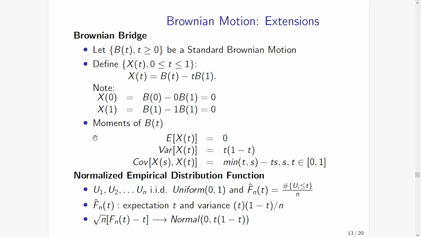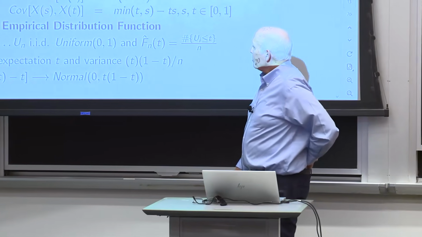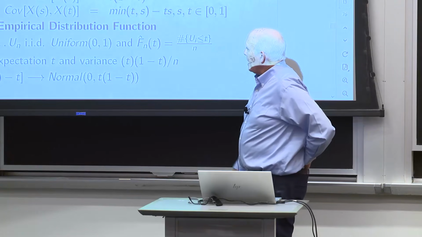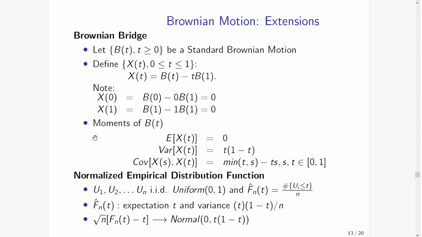If we have a sequence of random variables that are uniformly distributed between 0 and 1, and we calculate their empirical distribution function, the count of the u's less than or equal to t divided by n, then this empirical distribution function will have expectation equal to t and variance equal to t times 1 minus t over n.